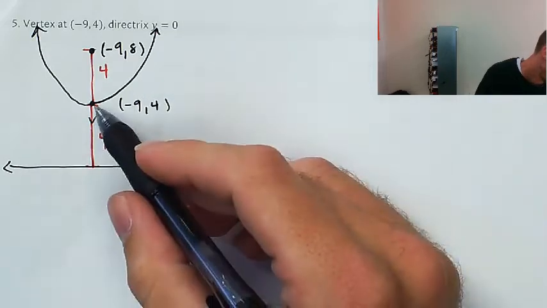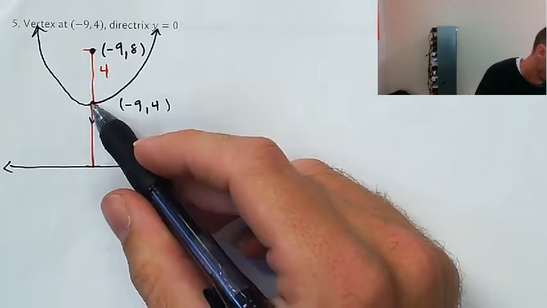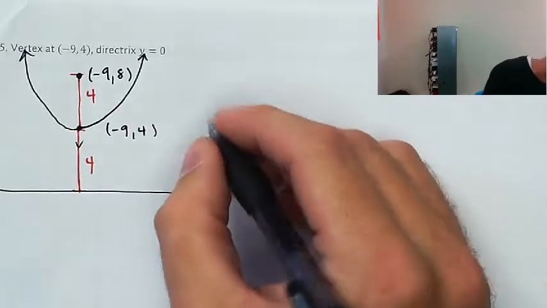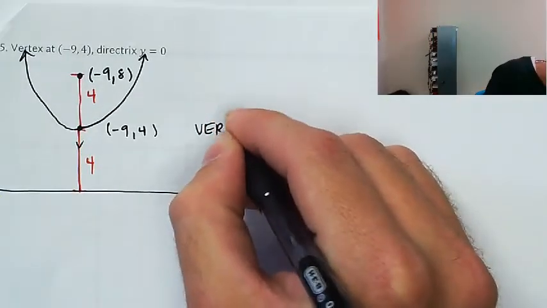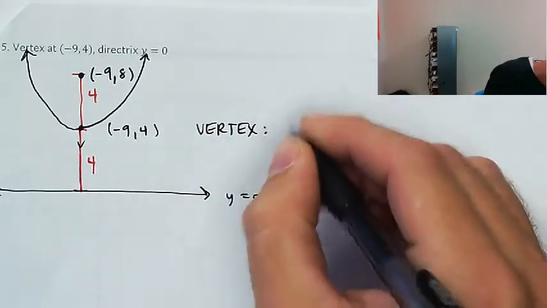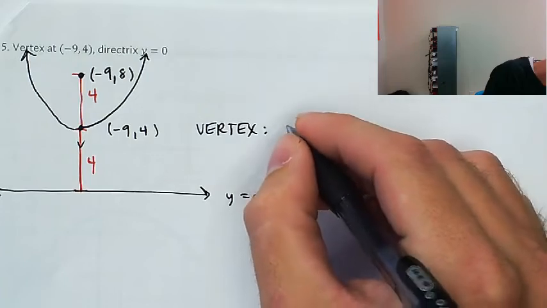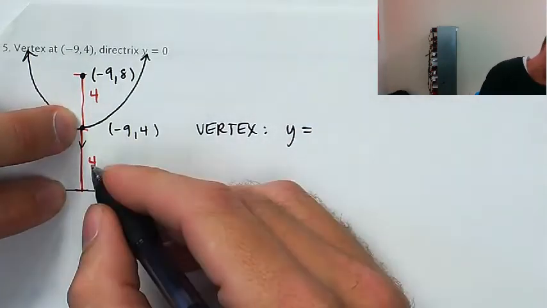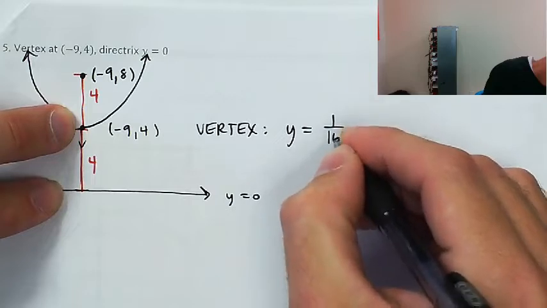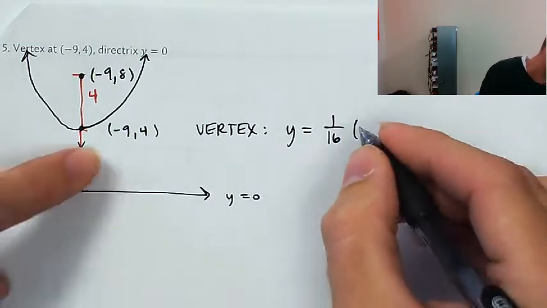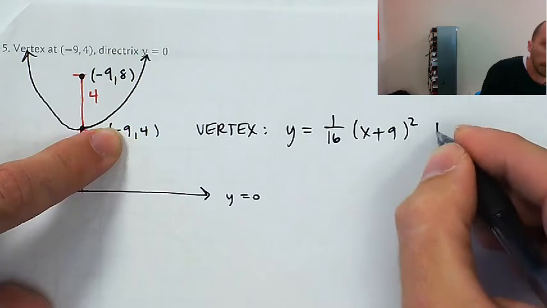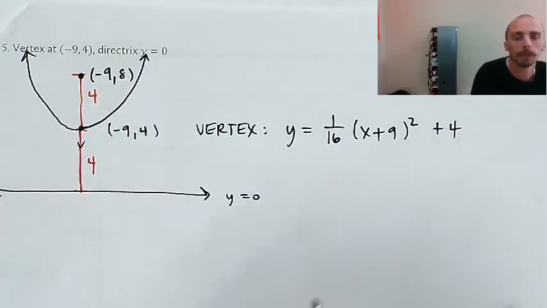And, all right. I've got the distance from the vertex to the directrix. I've got the coordinates of the vertex. I'm ready to write my equation. Okay. So my vertex form equation is going to be y equals 1 over 4p, okay, well, p is 4, that'll be 1 over 16, times x minus the x coordinate of the vertex, squared, plus the y coordinate of the vertex.